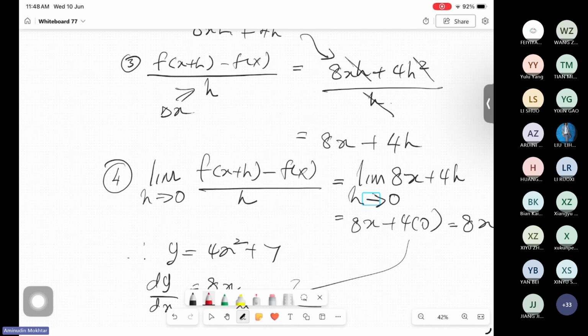In order to find the limit, you need to review back topic 5, the limit and continuity. Okay, that's about the first principle method.